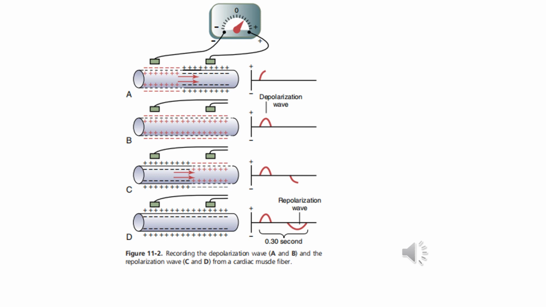In Figure 11.2d, the muscle fiber has completely repolarized, and both electrodes are now in areas of positivity. No potential difference is recorded between them. Thus, in the recording on the right, the potential returns once more to zero. This completed negative wave is a repolarization wave because it results from the spread of repolarization along the muscle fiber membrane.